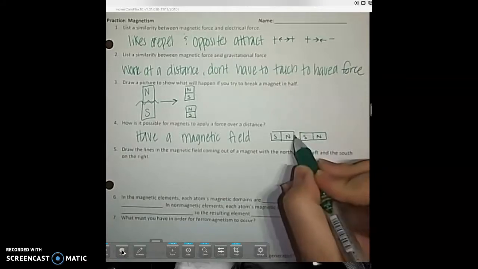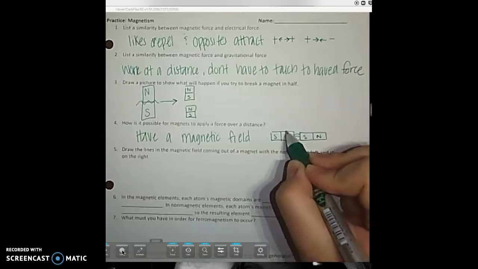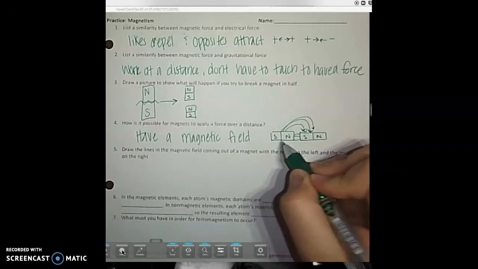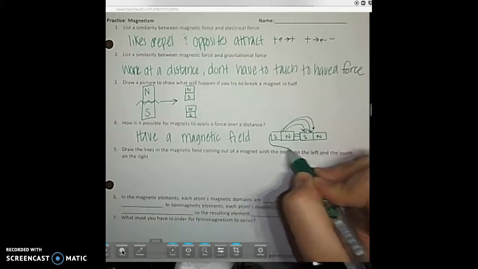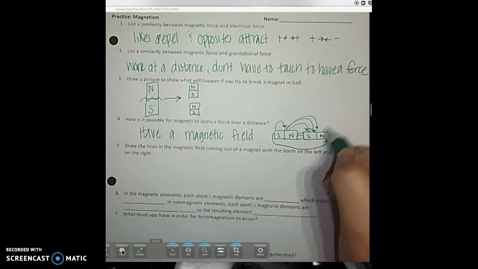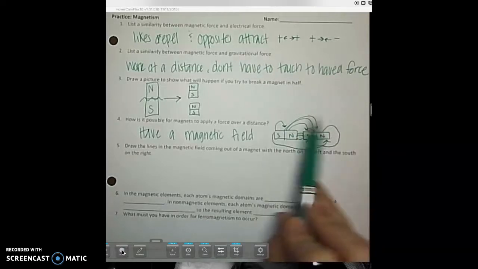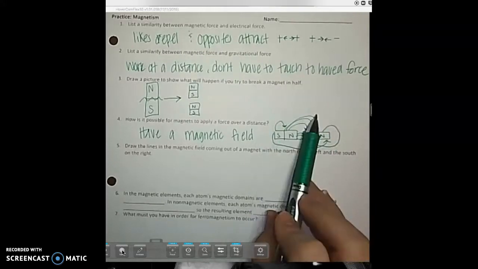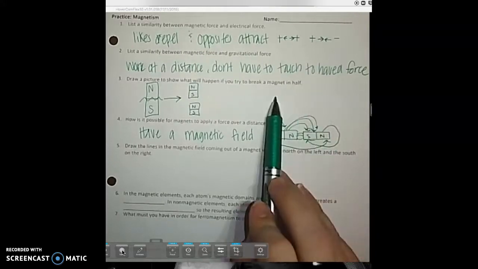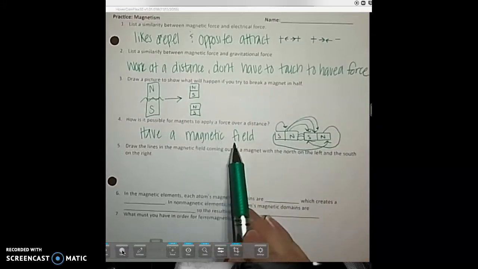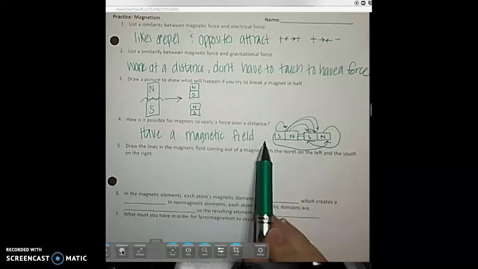Remember, we have likes that repel and opposites that attract one another, and the lines go like this. Remember, we had all of those iron filings around the magnets, and they worked at a really large distance. Even out here, the magnets would have worked. And the way they work is because they have a magnetic field around the actual magnet.